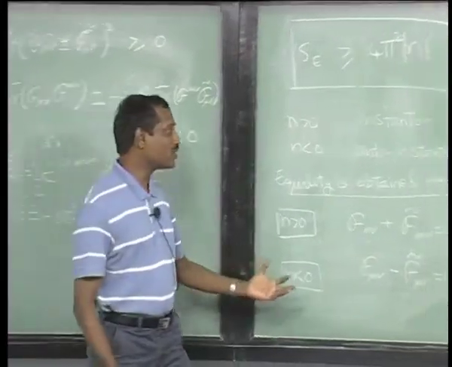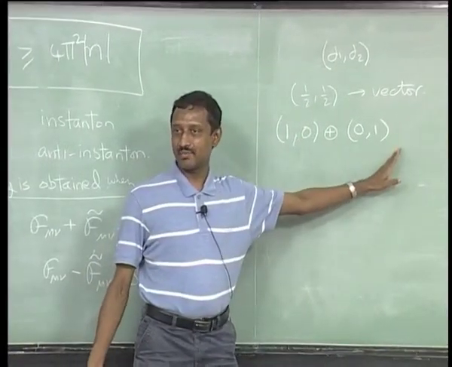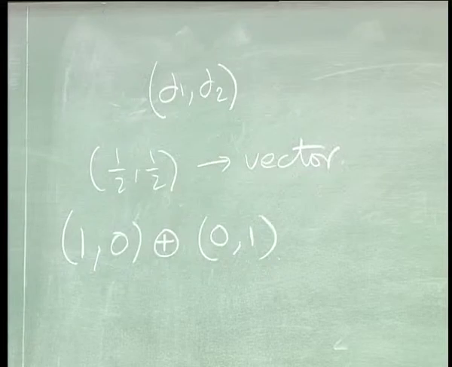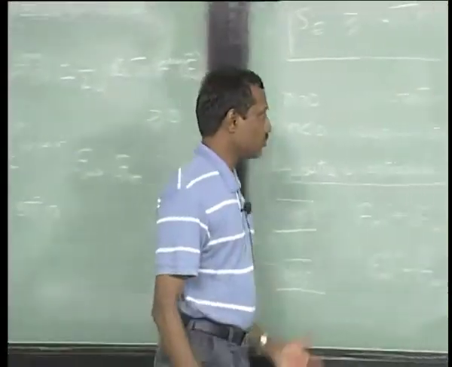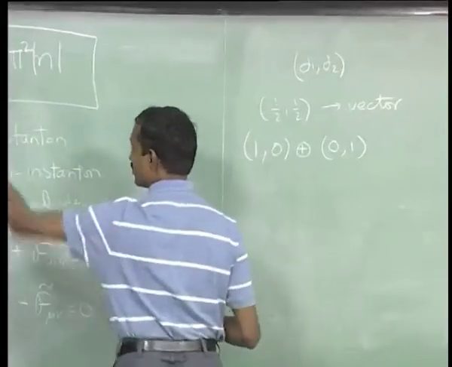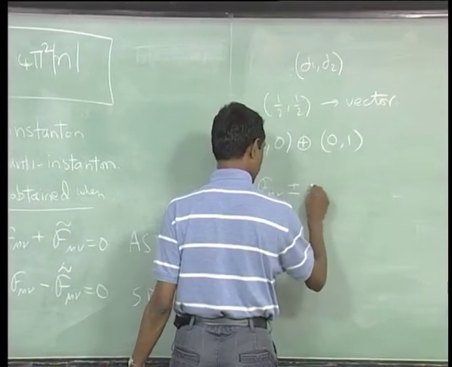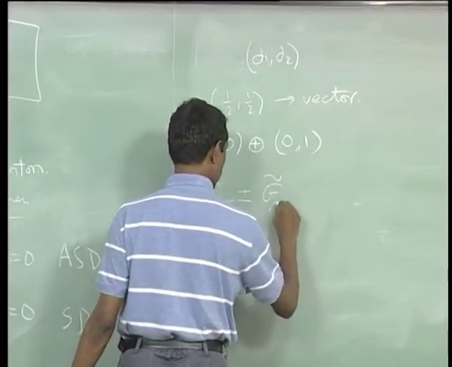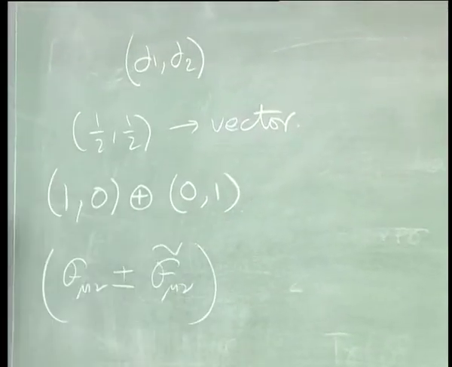Okay. So depending on your convention you can call this the self dual part and this the anti self dual part. So if you give me a field strength which is neither self dual nor anti self dual, you can just take linear combinations. And the way to do that is exactly what we saw here. F mu nu plus or minus F tilde mu nu will give you the self dual and the anti self dual parts.